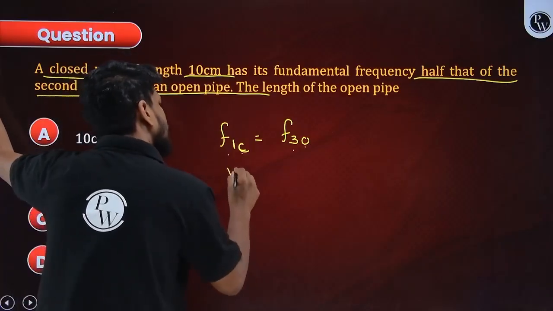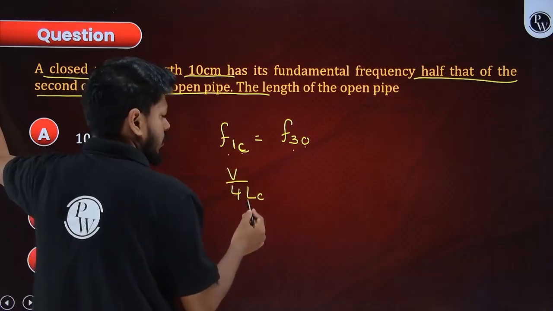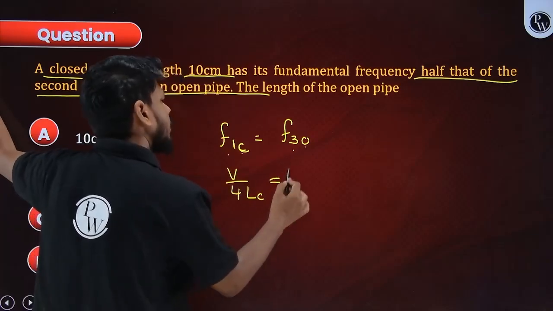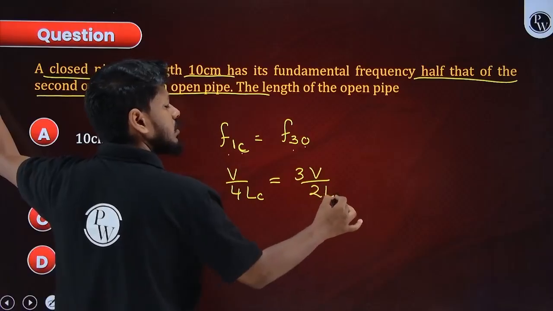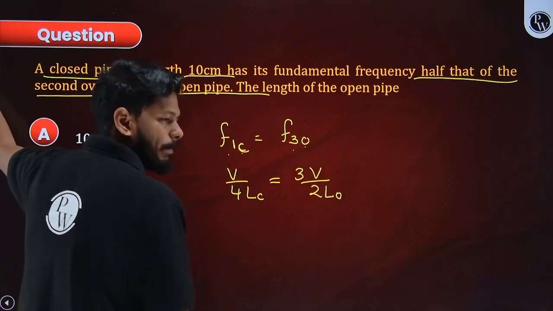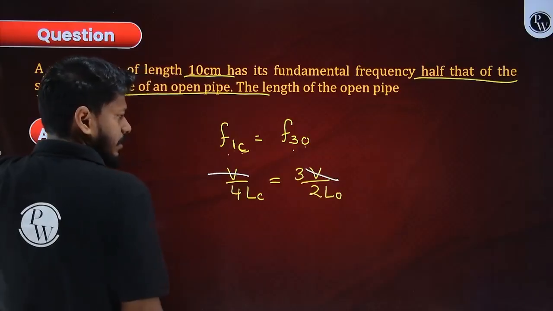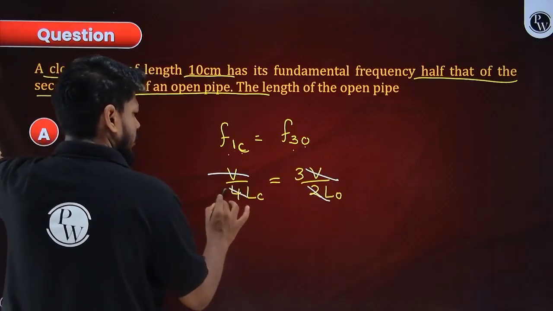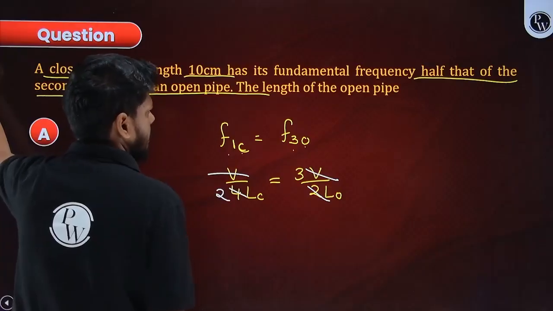Can I write this as V by 4L? Why sir 4? Because closed pipe. LC means the length of the closed pipe. For the third harmonic, it is 3V by 2L, where this is the length of the open pipe. Any difficulty? This velocity gets cancelled. Okay, so what are they asking me?